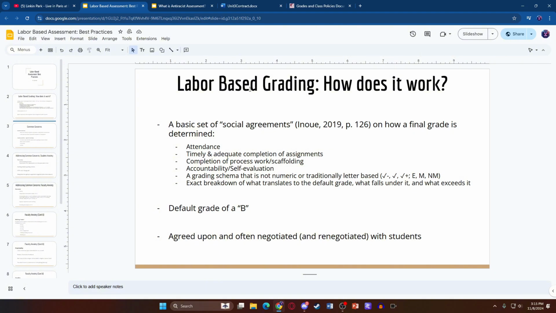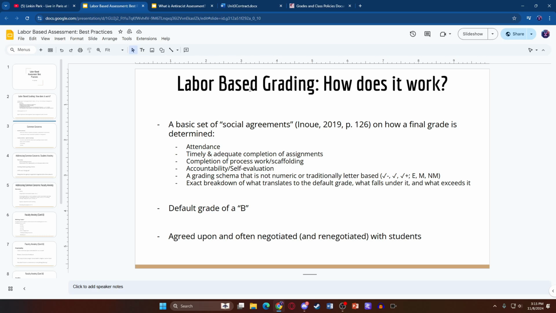It means you've accomplished everything you need to satisfactorily in order to receive not just a passing grade, but a decent grade. And the terms of a grading contract are traditionally agreed upon and often negotiated and renegotiated with students. Admittedly, this is something that gives folks a little bit of pause, but we'll talk about that closer to the end.